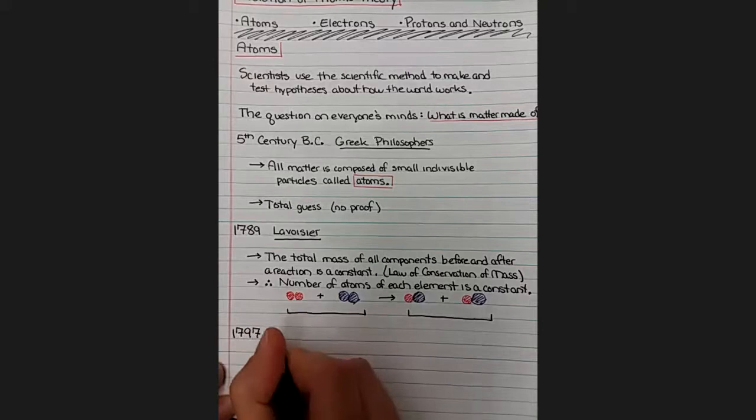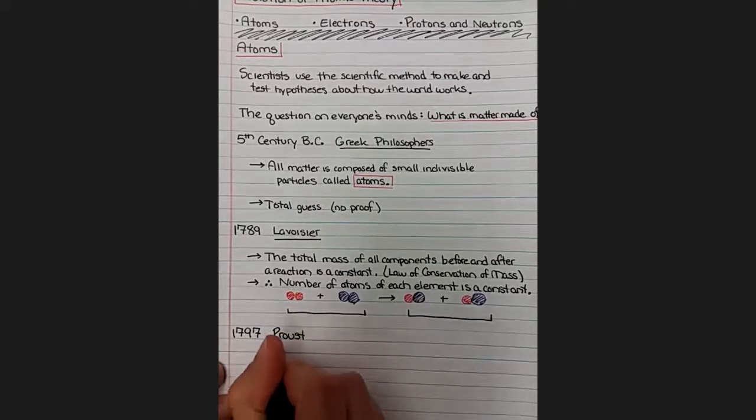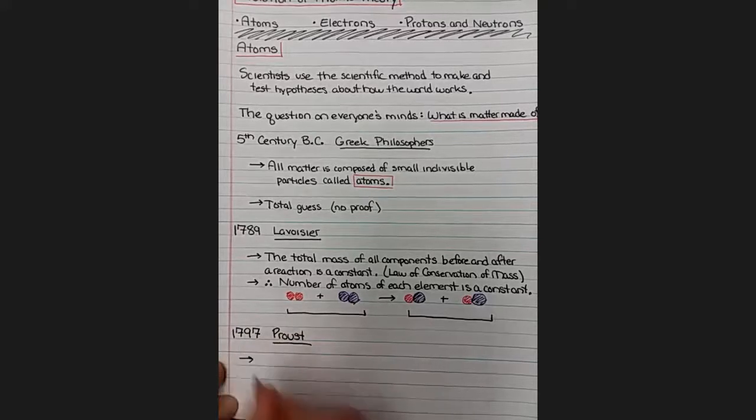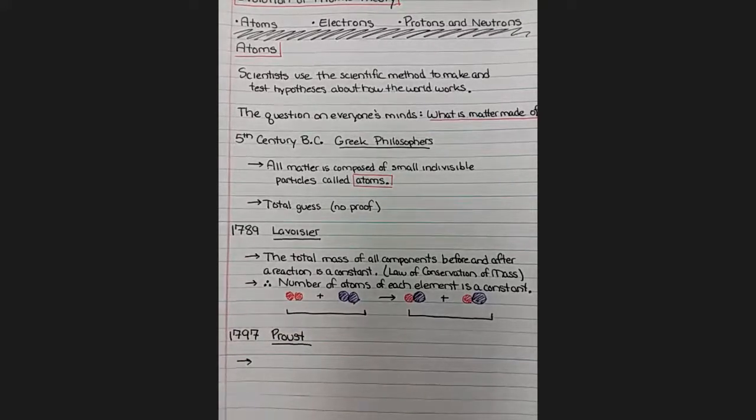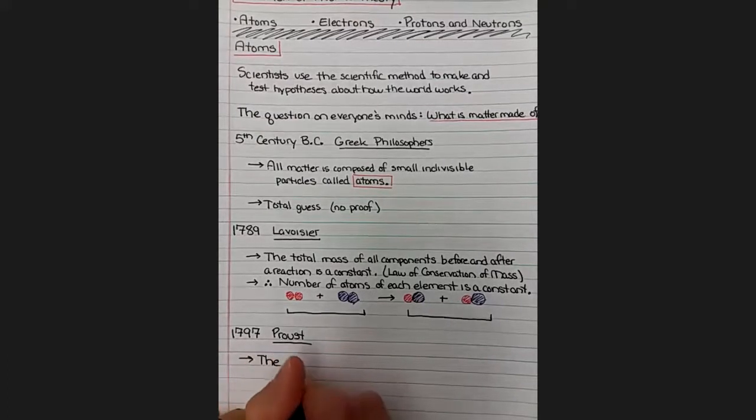The next chapter in the story is about a guy named Proust. Based on Proust's research, he said that compounds had a specific ratio of mass that didn't change.